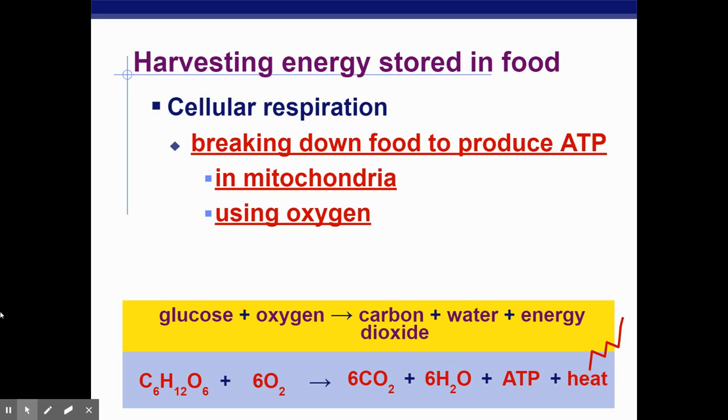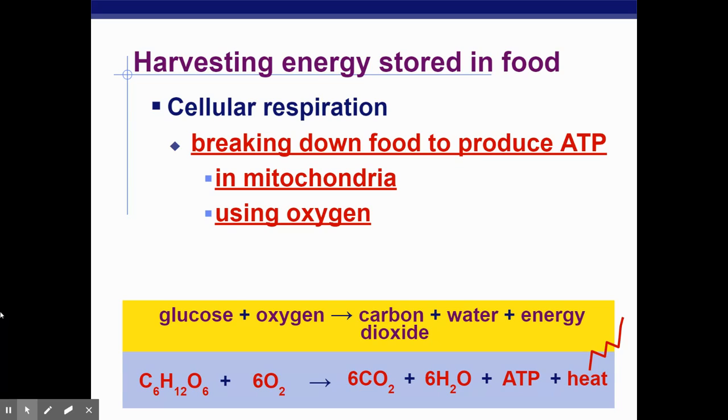And then if you look underneath that, those are the symbols for our chemical reaction here. So C6H12O6, that's glucose, plus 6 molecules of oxygen, so 6O2. It's going to produce 6 molecules of carbon dioxide plus 6 molecules of water plus ATP.